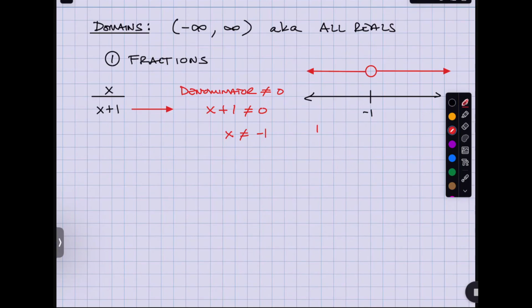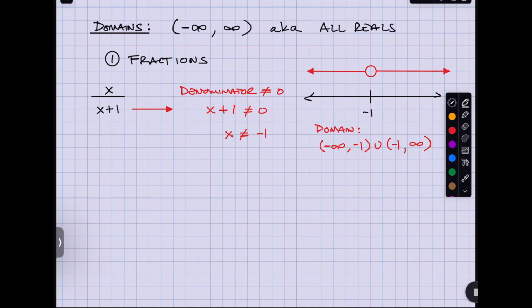So my domain is negative infinity to negative 1, union negative 1 to infinity, because there's no other number that would make the denominator 0. Make sense? Drawing this makes it a lot easier to write. You have to write it for both sides this time.